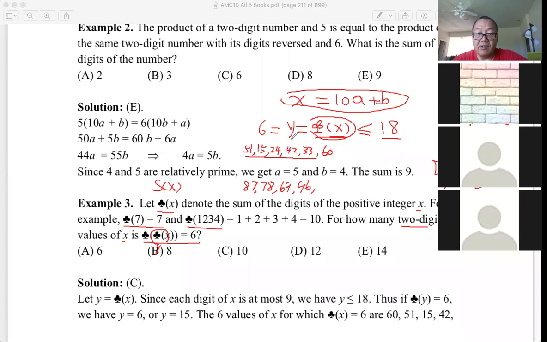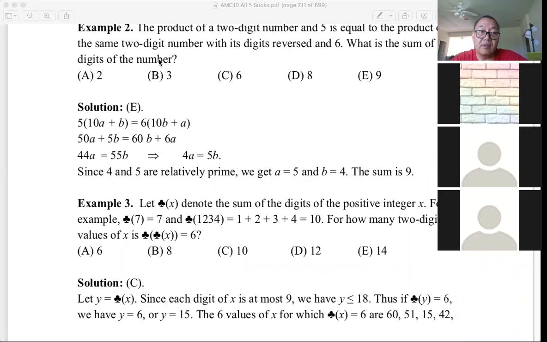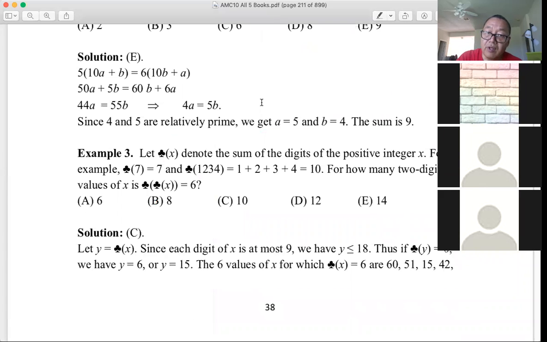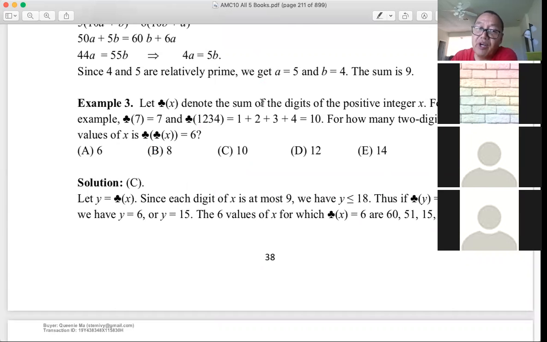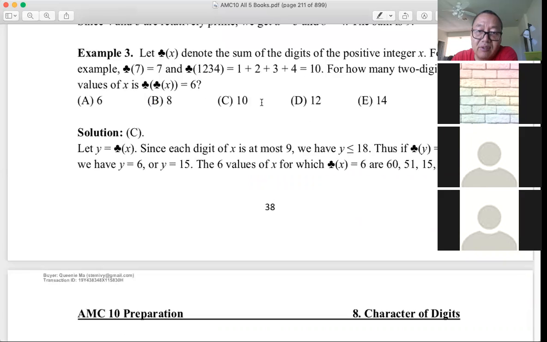Then here, if Y equals 6, we get these 6 numbers. For Y equals 15, we got these 4 numbers. So totally we got 10 numbers. So the answer is C, right? This kind of problem uses very basic knowledge, but the problem is really hard.